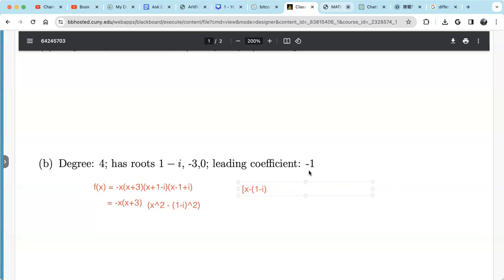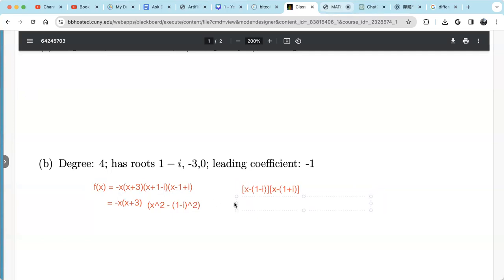That's one root. And another root is x minus, remember complex roots come in pairs, conjugates, 1 plus i. Okay, this is more obvious. You see this x minus 1 minus i, x minus 1 plus i. So this is simplified to be what I wrote before.